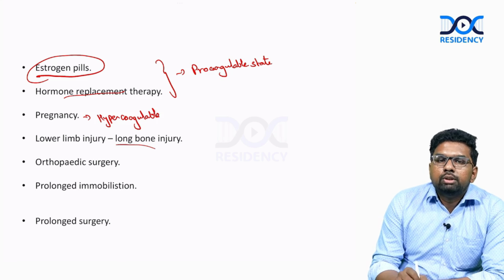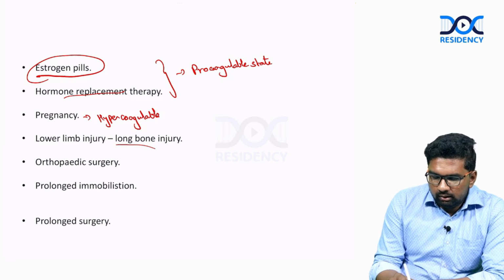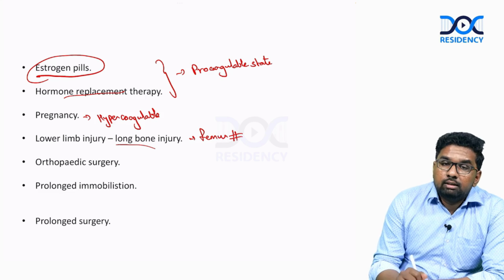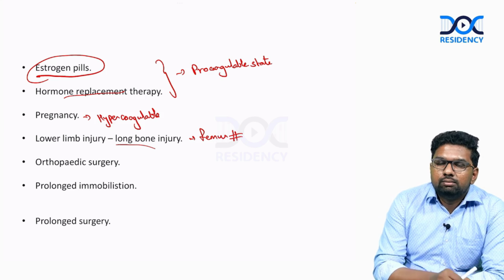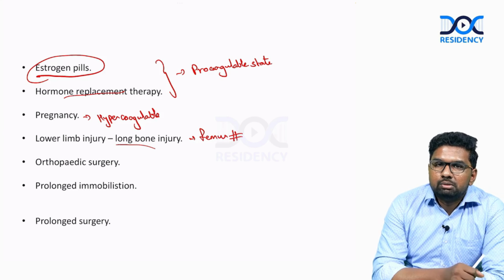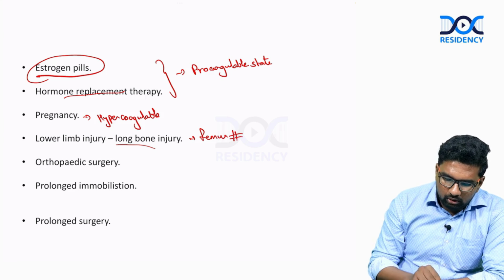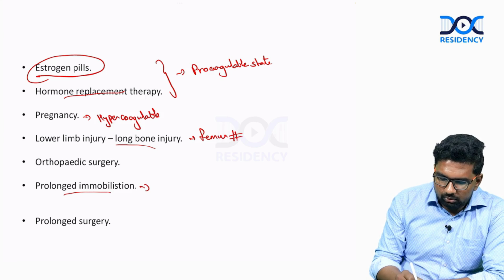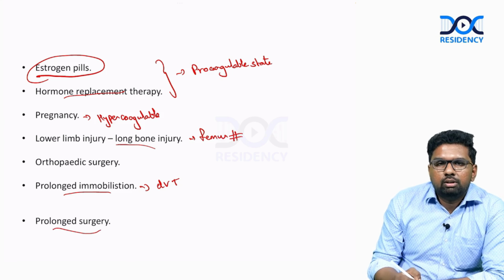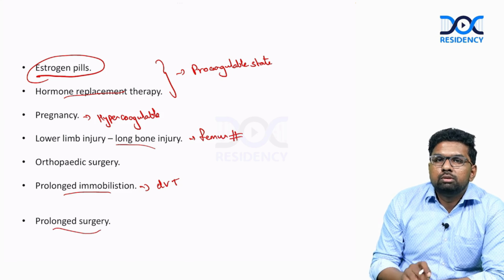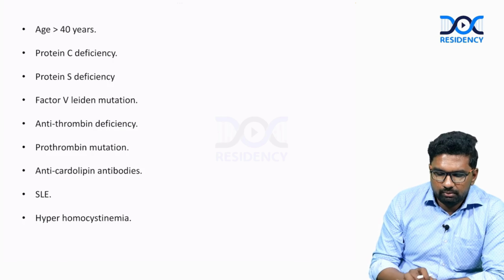And of course, long bone injury, lower limb injury like a femur fracture, orthopedic surgery like medullary nailing, which can displace the intramedullary fat into the blood vessels, and prolonged immobilization can lead to DVT. And prolonged surgery can also predispose to development of pulmonary embolism.